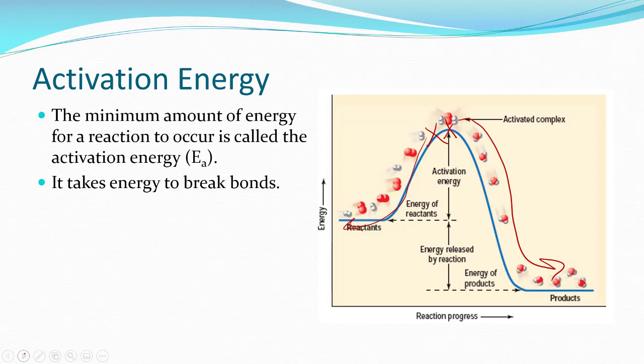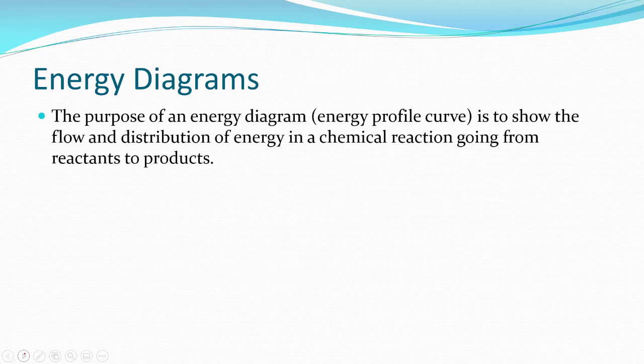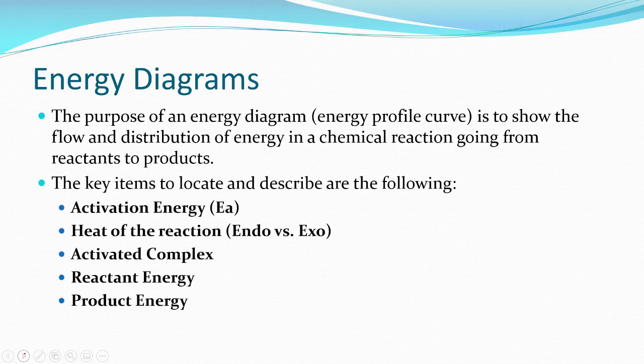Okay, so let's talk about these things called energy diagrams. All I'm asking you to do is be able to interpret them, and they're focused on energy. I want you to be able to interpret these diagrams to see what they're showing. The purpose of energy diagrams is to show the flow and distribution of energy in a chemical reaction going from reactants to products. And we can get a bunch of key things from this.